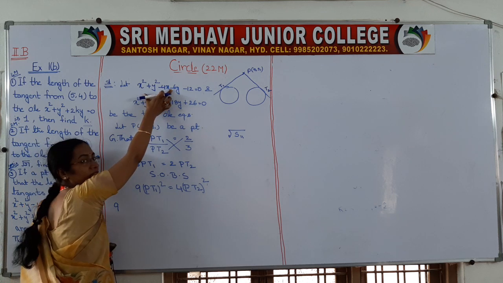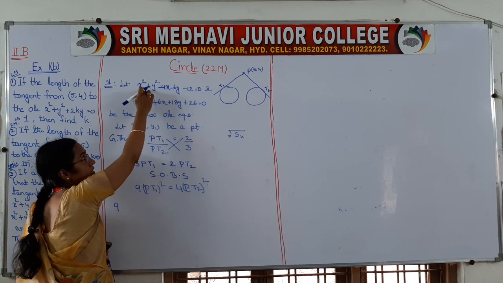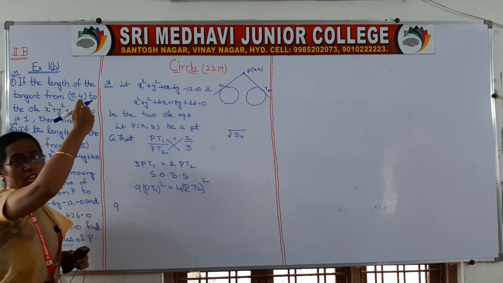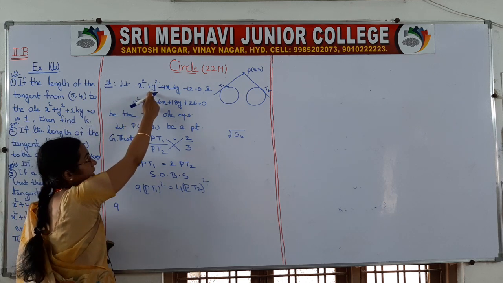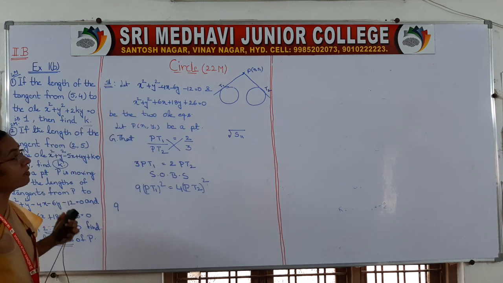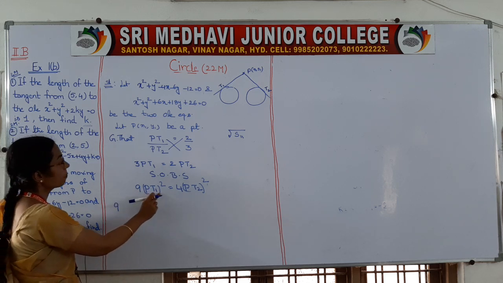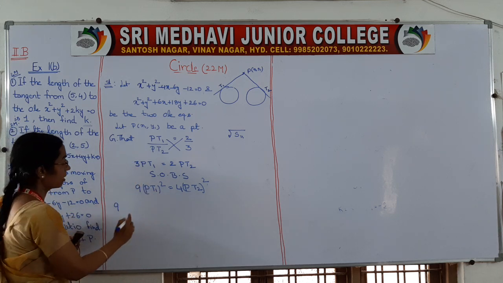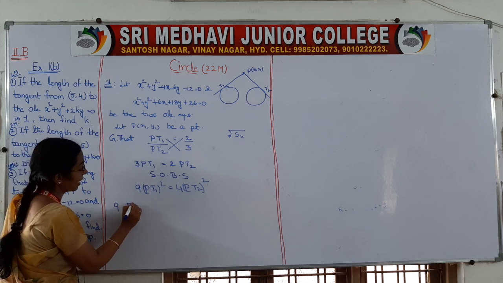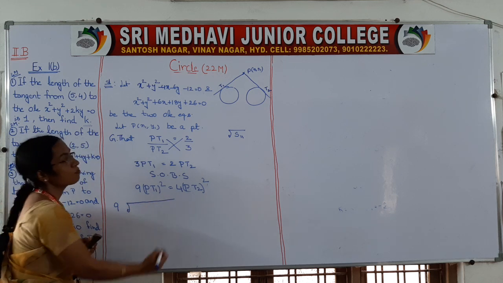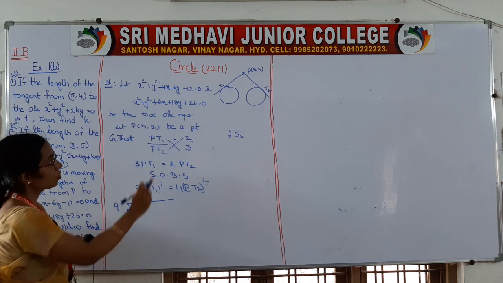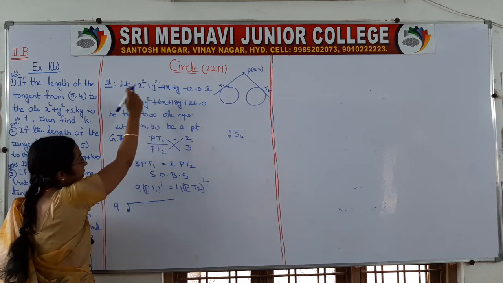This is your circle equation. In this equation, wherever x is there, we have to take x1, and wherever y is there, we have to take y1. Then we will get our S11. So PT1 is nothing but the length of the tangent to the first circle, so root of S11 of this one.